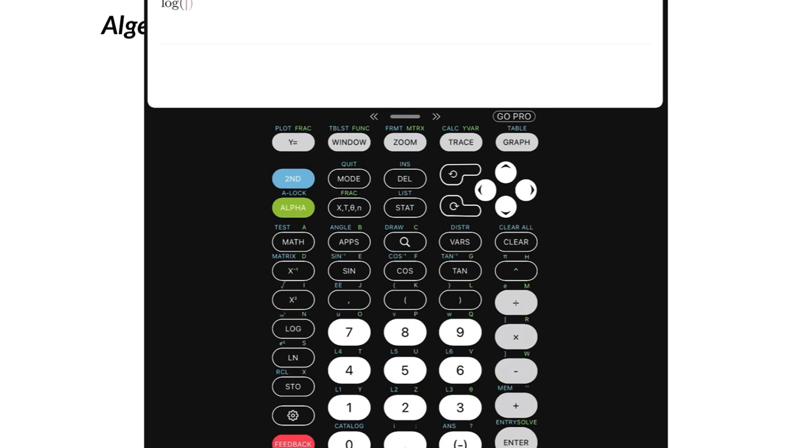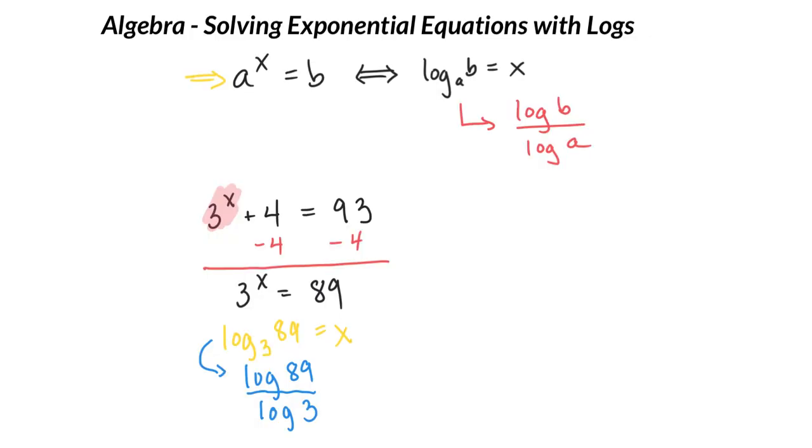So the log of 89 divided by the log of 3 is 4.086, however much you want to write. I'm going to round to the hundredths, so I'm going to write 4.09. So our x is 4.09 if we round to the hundredths place.